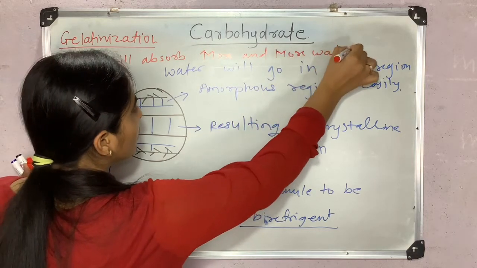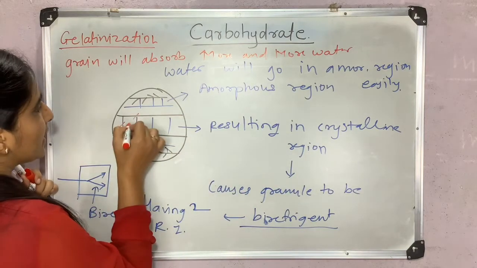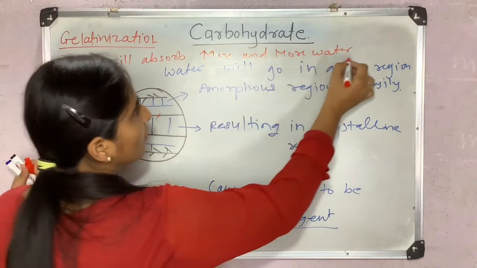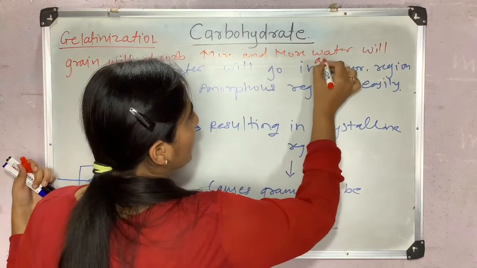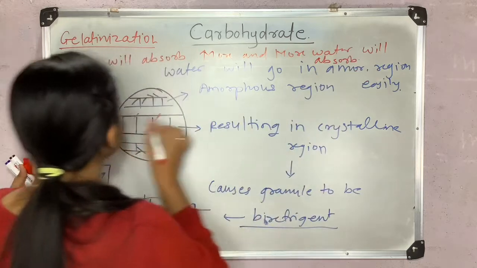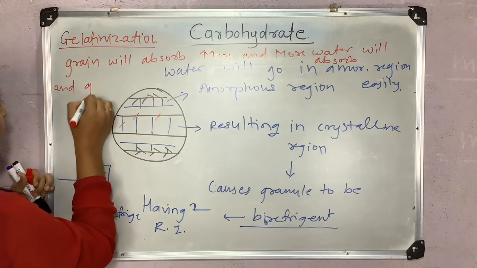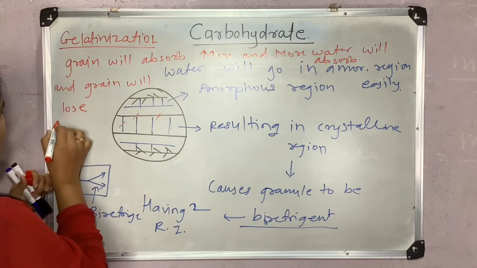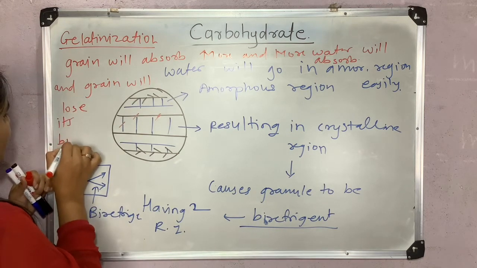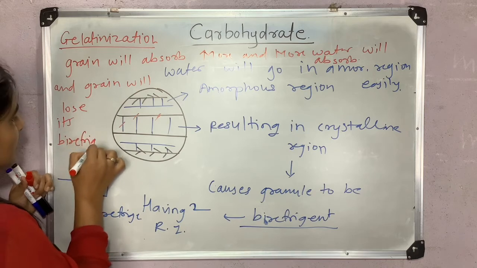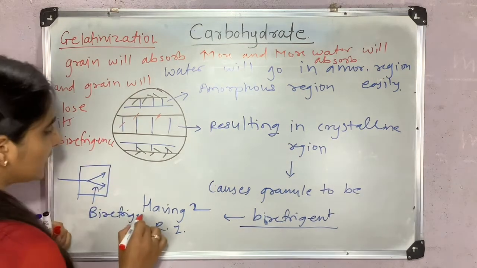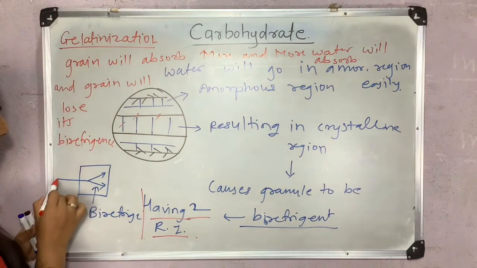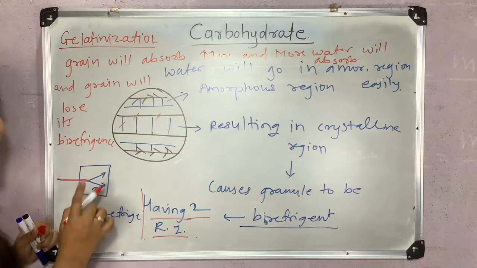Heat causes breaking of hydrogen bonds, more and more water is absorbed, and the grain loses its birefringence. Birefringence means having two refractive indices; light will travel in two different paths.